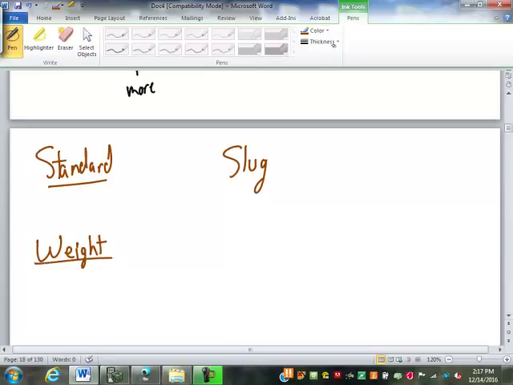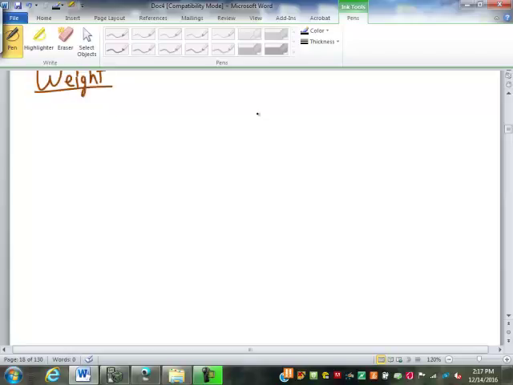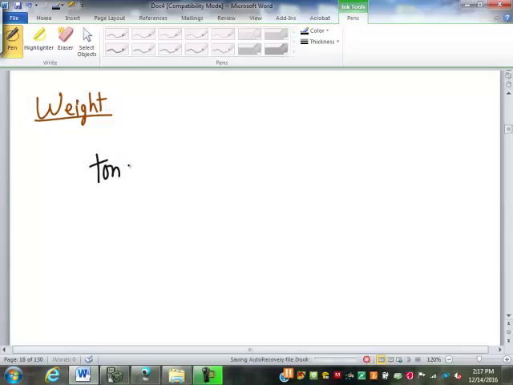Looking at weight, we'll go from large to small again. Our large unit of weight is the ton. How big is a ton? 2,000 pounds.